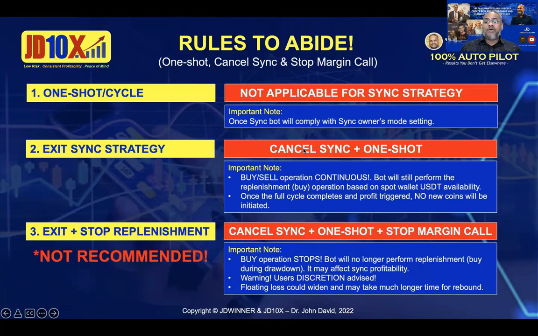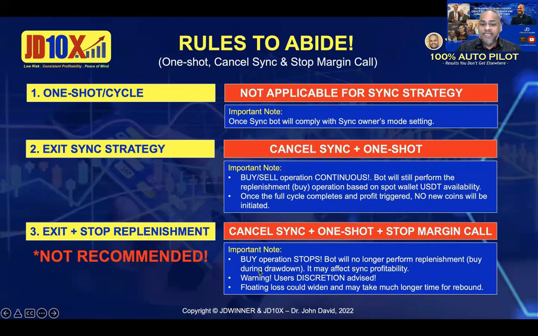Some people say, I already canceled sync and put to one shot, why is the bot still buying? Because the stop margin call is still enabled, so the bot will still buy. But if you want to stop the bot from doing the replenishment, then you have to cancel sync, put all the coins to one shot, and stop the margin call.